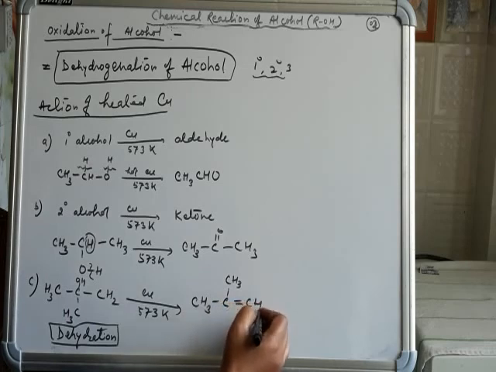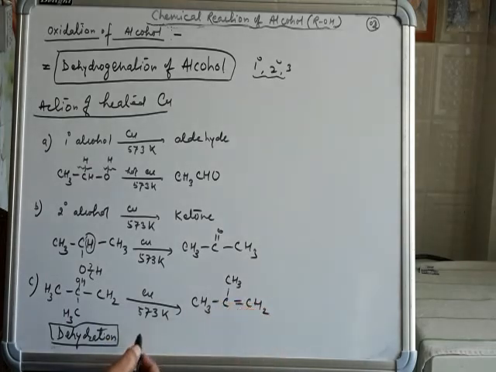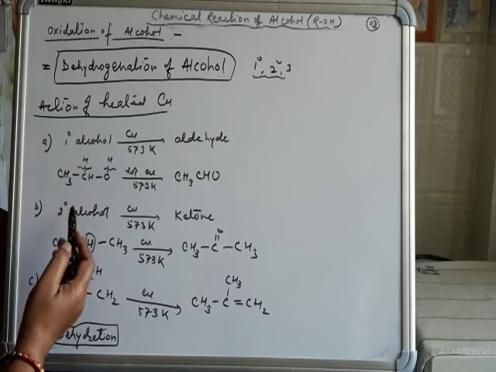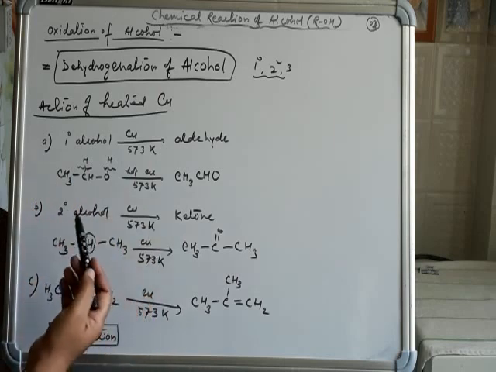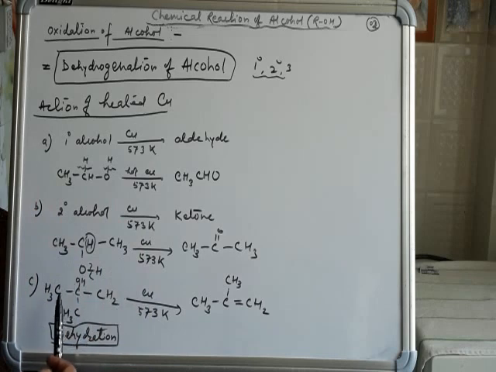It is a very important reaction. 1 degree alcohol is oxidized to aldehyde, 2 degree alcohol is oxidized to ketone, but 3 degree alcohol is never oxidized in the presence of heated copper at this temperature.